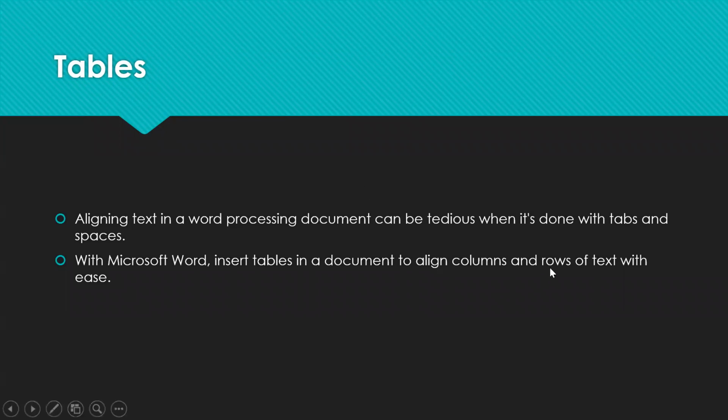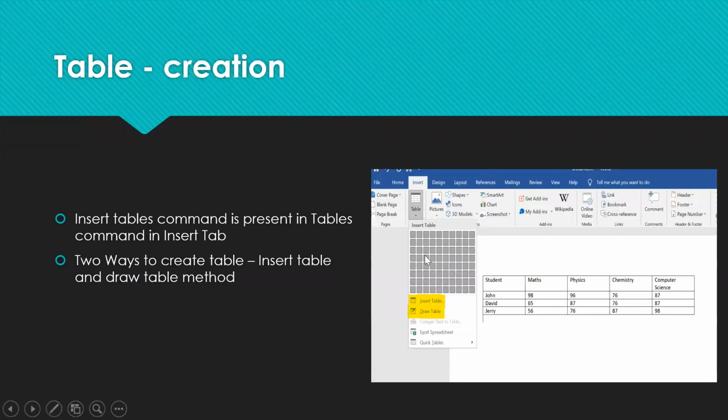So we saw how to create tables using all three options. We saw this option, the insert table option, and the draw table option also. In the insert table option, we have to specify the number of columns and the number of rows to be created. In the draw table option, we saw how to drag and create a table.